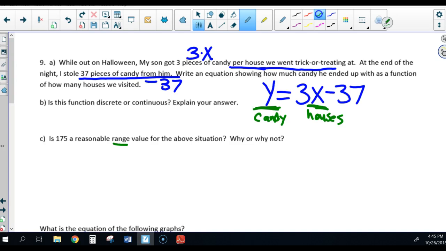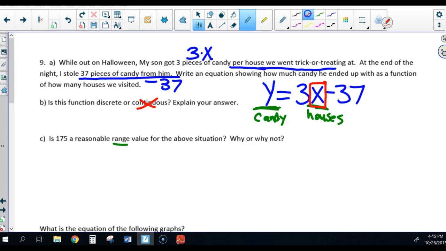But discrete means only specific X values work in this situation. Continuous means any single X works: positive, negative, whole numbers, decimals, fractions. I know I cannot go to 7.3 houses. I can't visit negative 18.1 houses. It is not continuous because only positive whole numbers work.